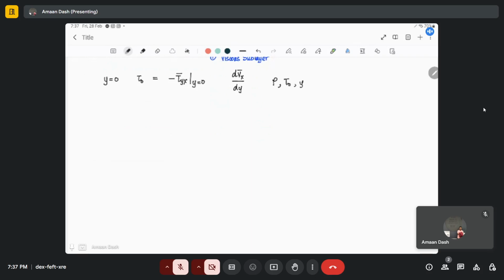So this velocity gradient has a unit of 1 by second. If we rearrange these terms, we will end up with only one quantity, that is square root of tau 0 by rho times 1 by y. This is the only term from these three quantities that will end up with the same dimension.